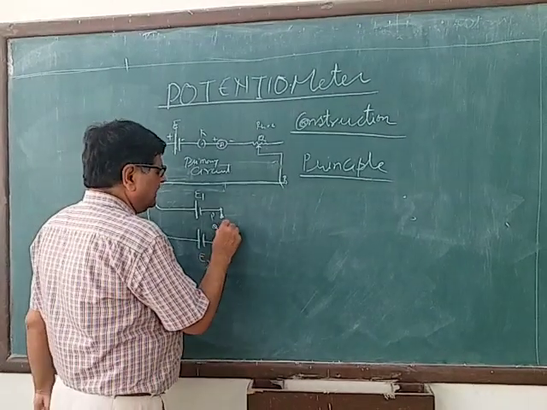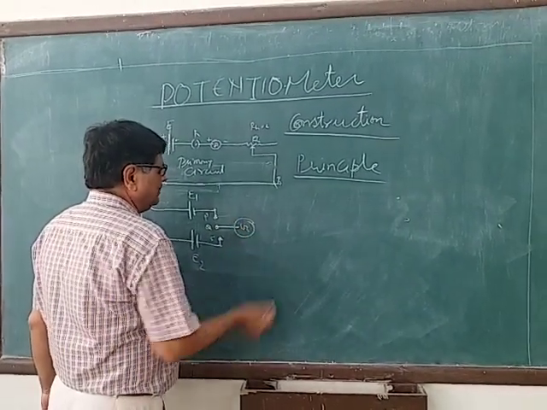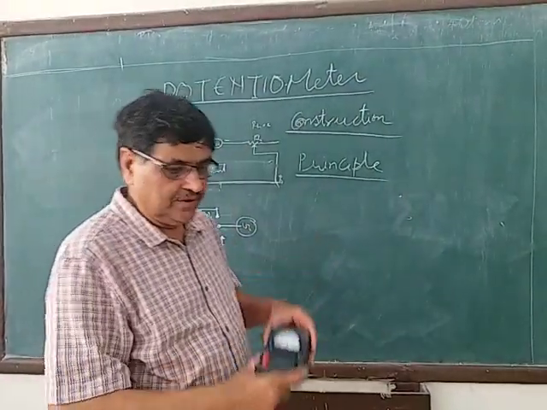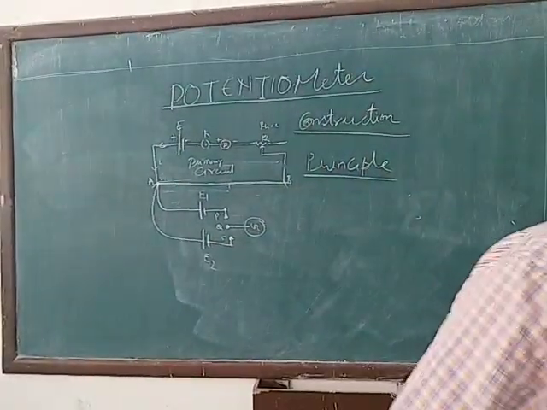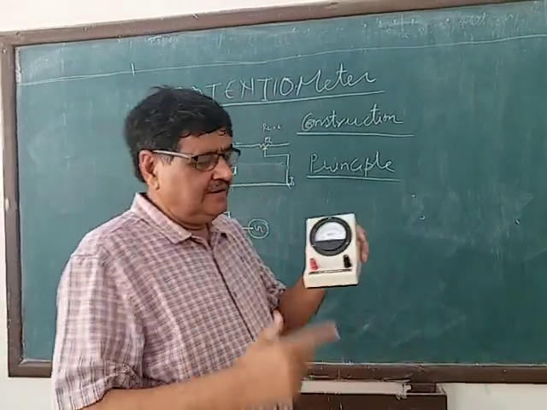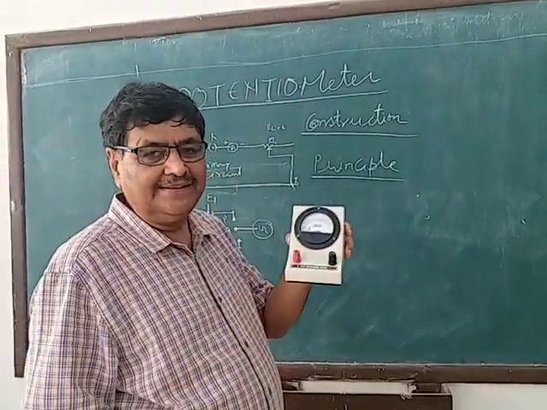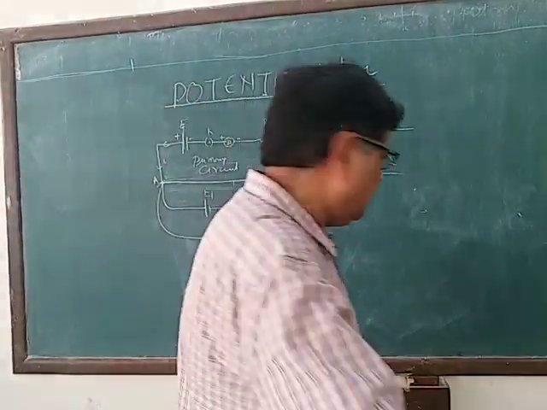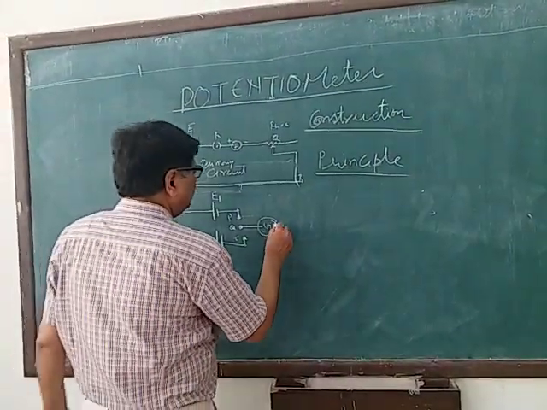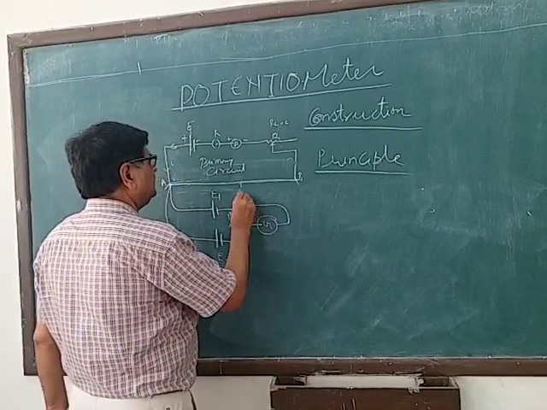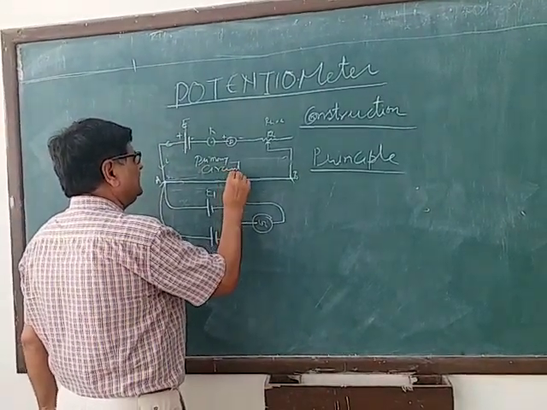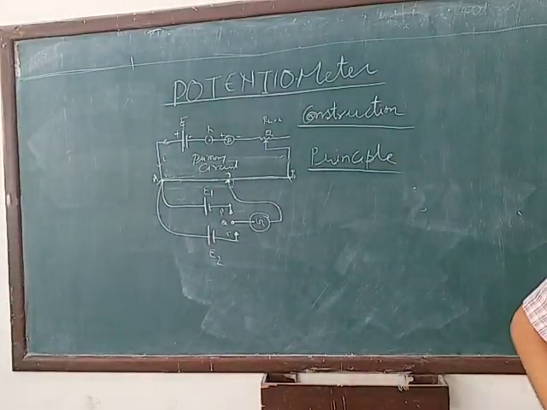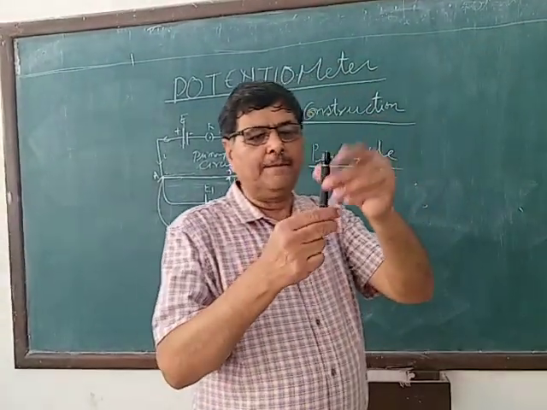Now, with the middle terminal, we use a galvanometer. Galvanometer you must have seen. This is the galvanometer. A galvanometer has its needle at the center. It can give deflection on either side. And the other terminal of this is connected to a jockey. What is a jockey? This is the jockey.